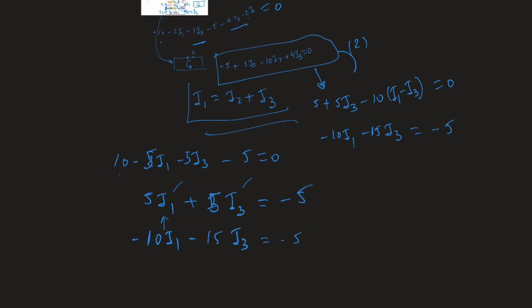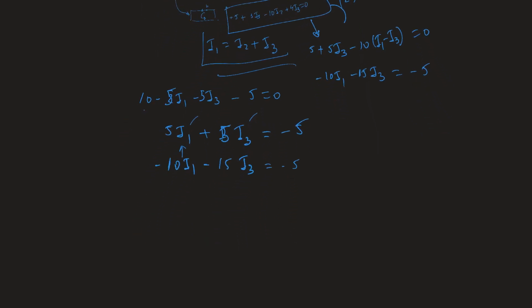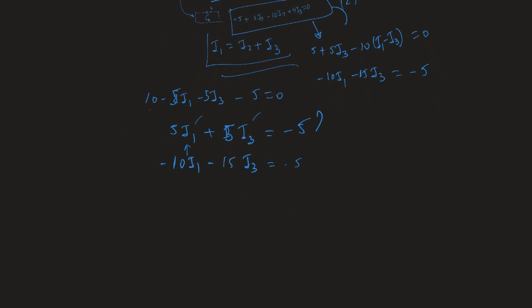The best way to solve this is to multiply the first equation by 2, and I will have 10I1 plus 10I3 equal to 2 times minus 5, which is minus 10. The second equation, I don't touch it.